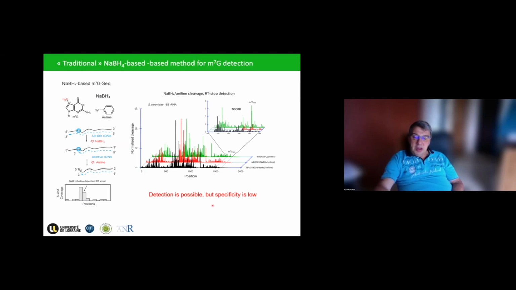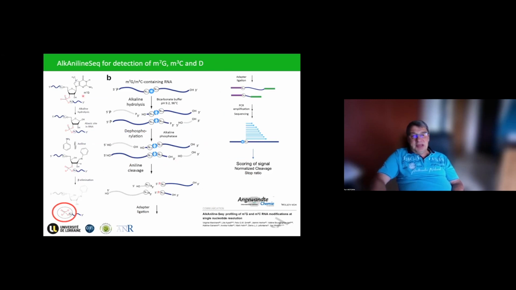So we inspected once more the chemistry of cleavage and focused our attention on this particular phosphate, which appears after cleavage by aniline, which proceeds by beta elimination. The chemistry is very well known for DNA and also for RNA.